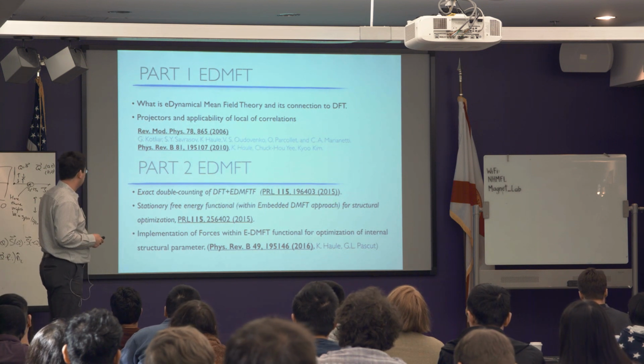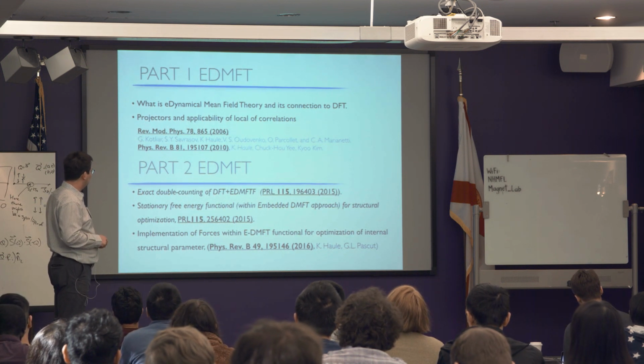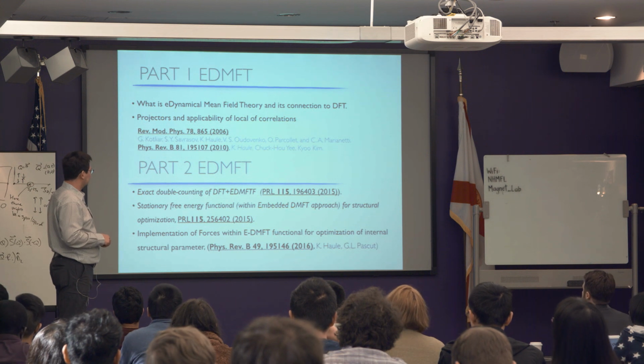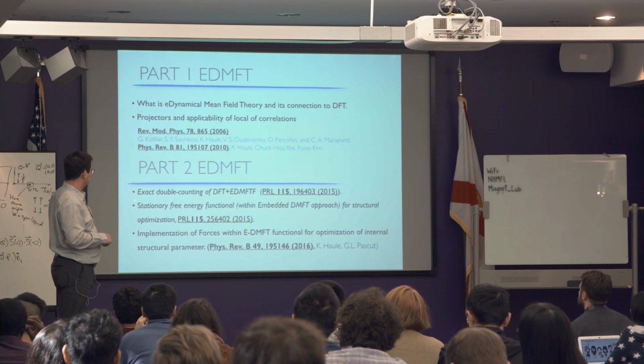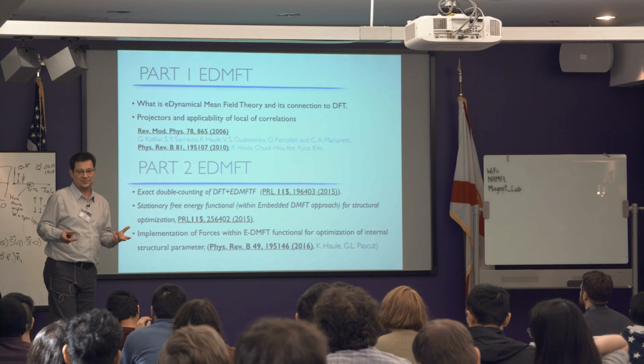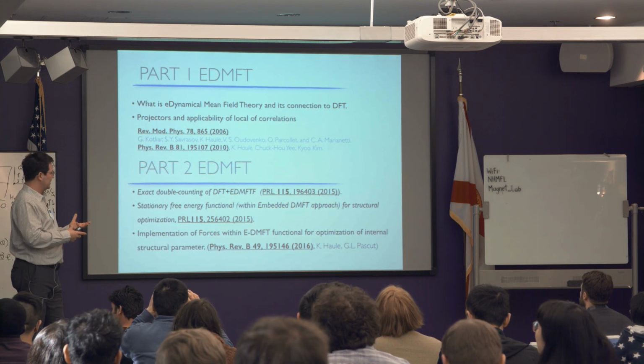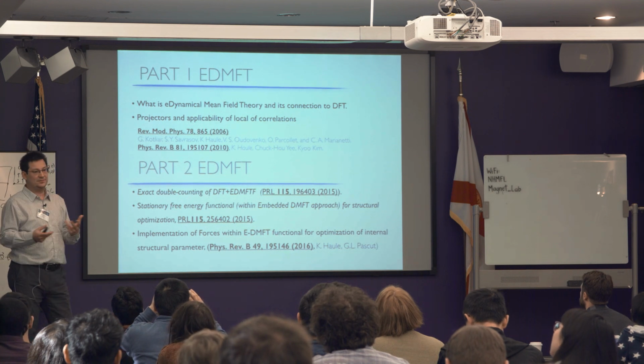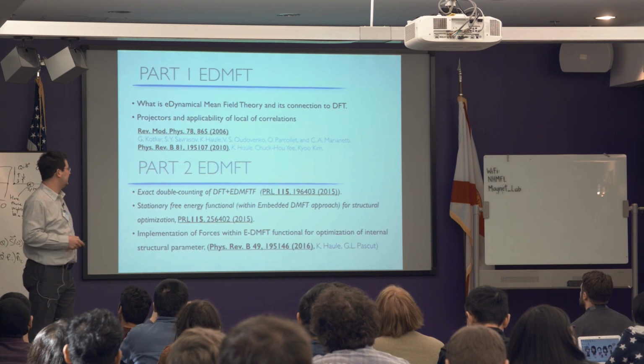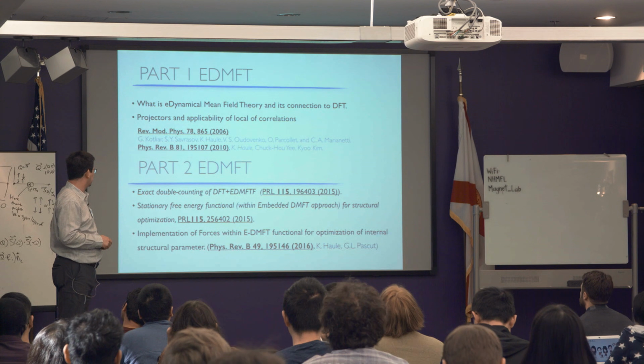That's the basic idea. Now, tomorrow, most likely, I will discuss a little bit more advanced terms. For example, the exact double counting. In this area there was a big problem of double counting of correlations between DFT and DMFT, which was recently solved.